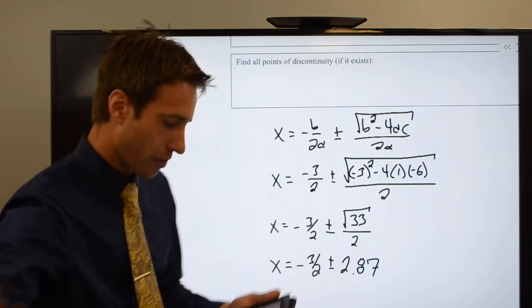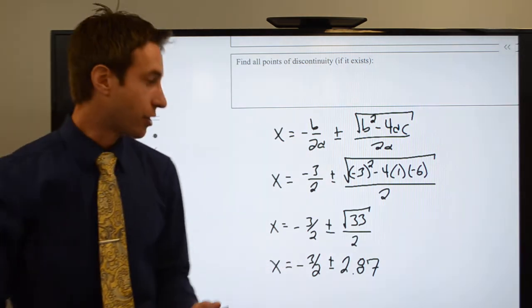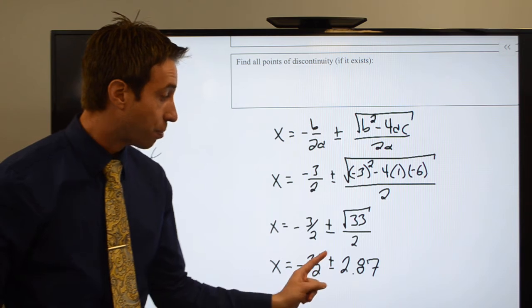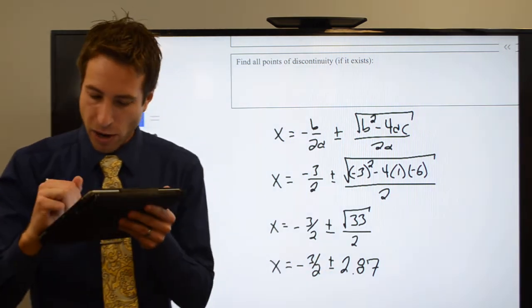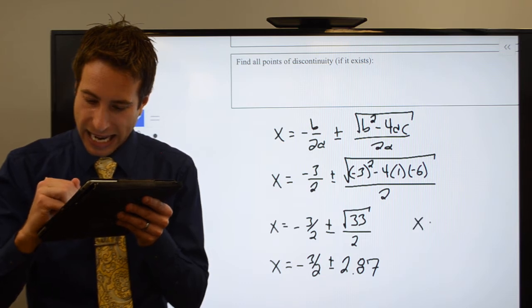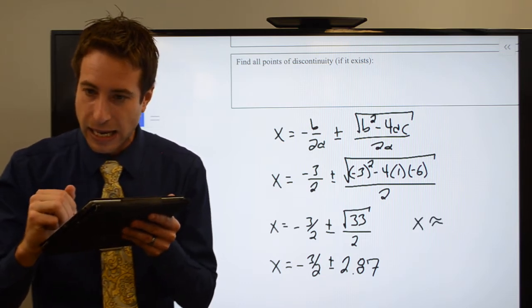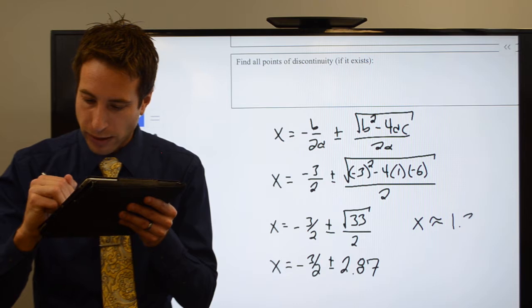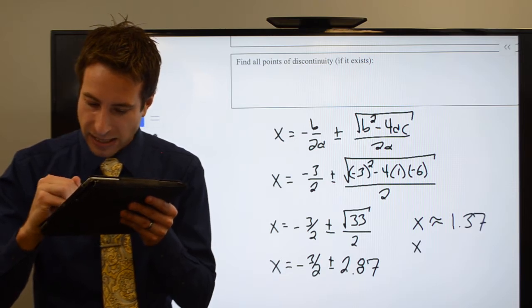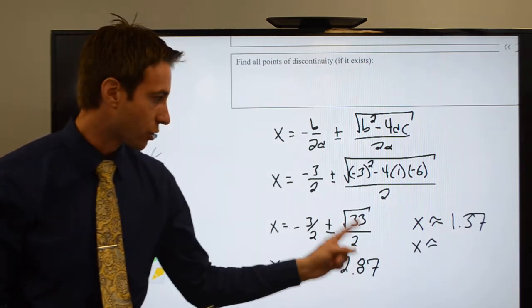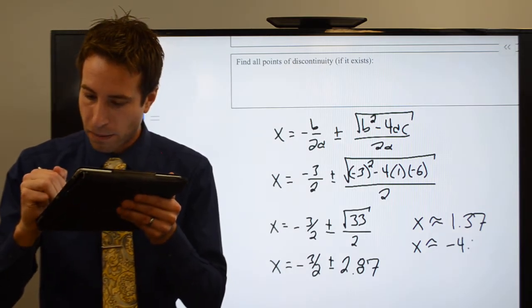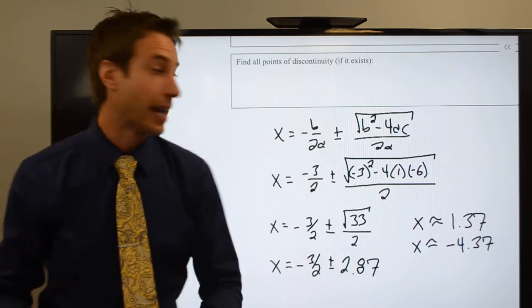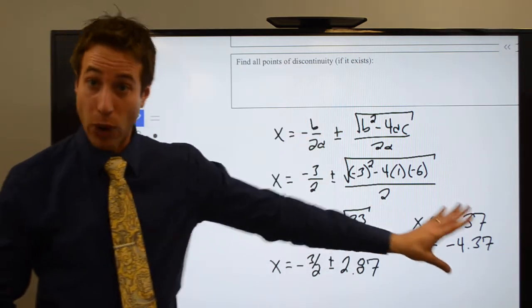Anyway, two x-intercepts, right? -3/2 plus this number, and -3/2 minus this number. Let's just approximate them. I get x is approximately 1.37, and x is approximately, again we have to round because the square root of 33 is an irrational number, negative 4.37.